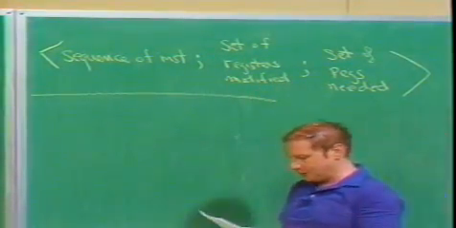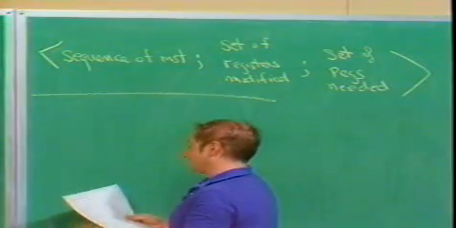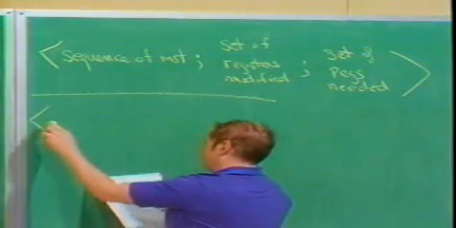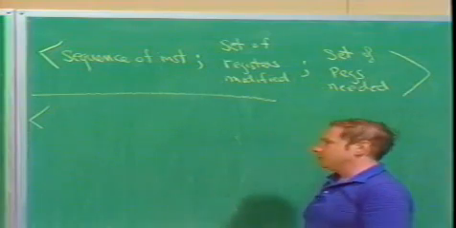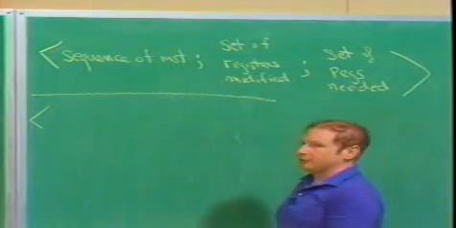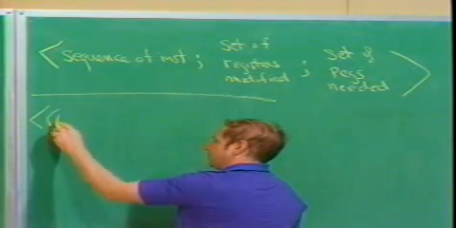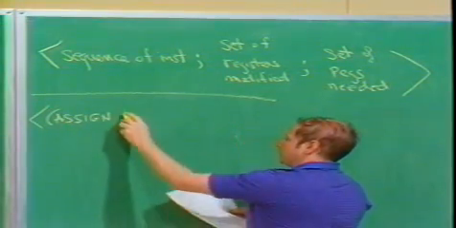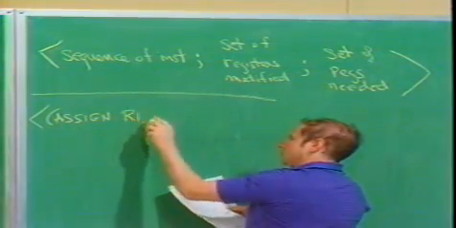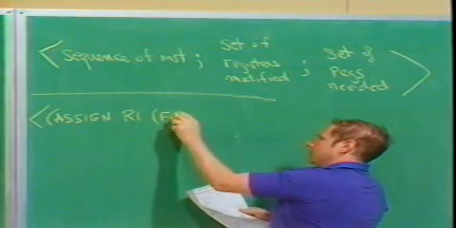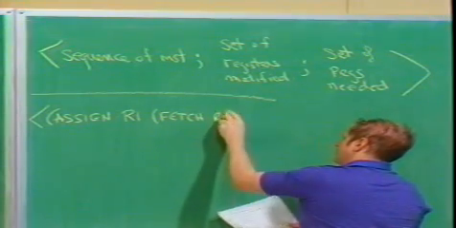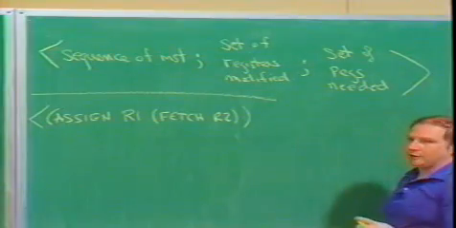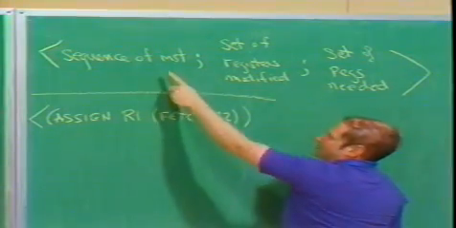So for example, a very primitive one, let's see, how about doing a register assignment? So a primitive sequence might say its code fragment, its code instruction, is assign to R1, fetch of R2. That might be an example of a sequence of instructions.